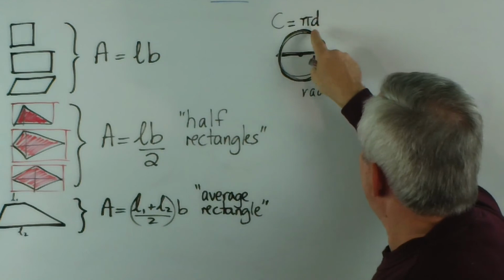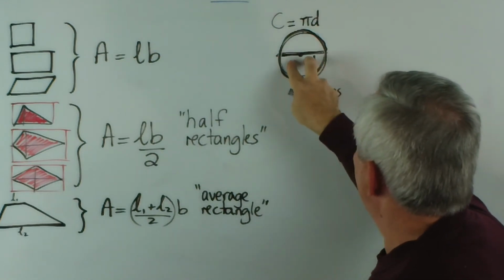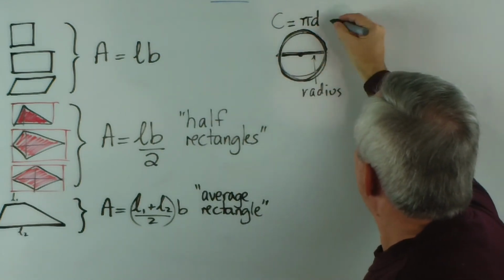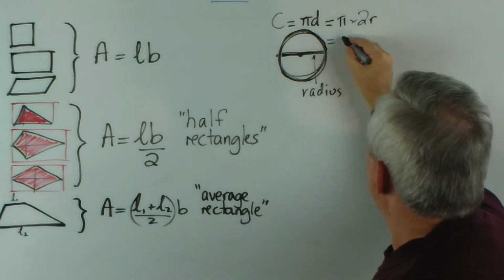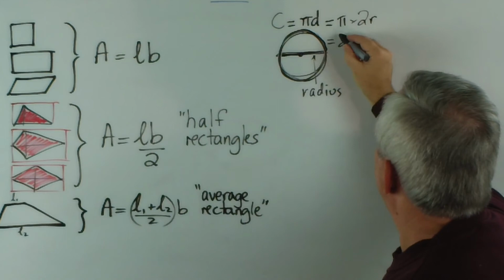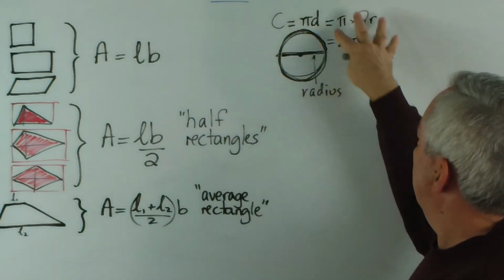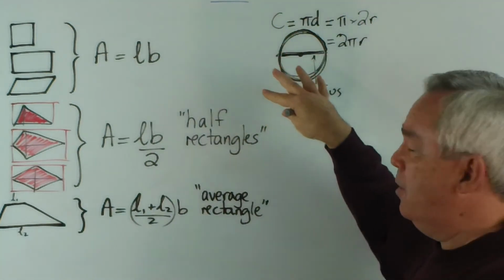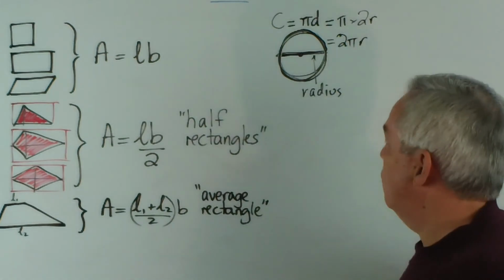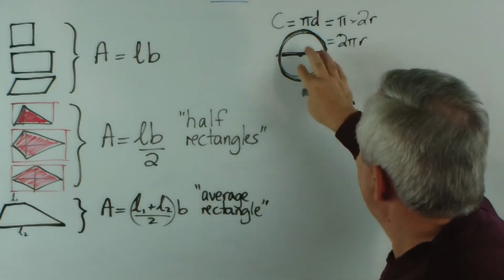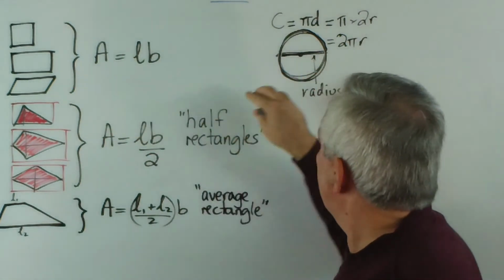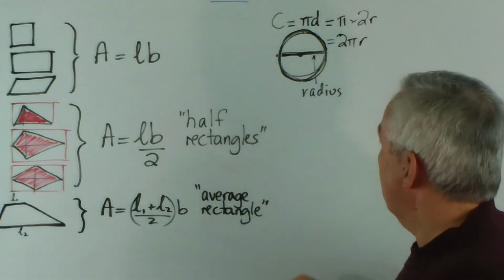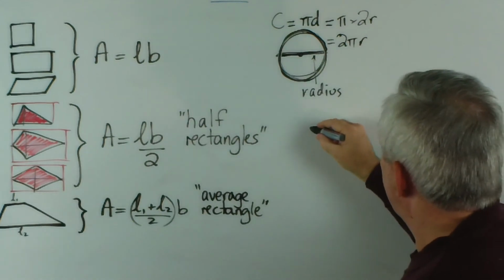And because the diameter right across is 2 radii, I can write this as pi times 2 radii, which is 2 pi r. Now, this is for a discussion in another video, but I just need to use this information. What we do to a circle to convert it into a rectangle is we cut it in half. And we take the top half, for example.